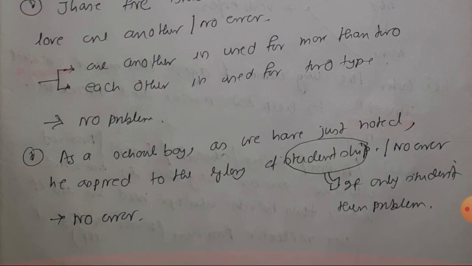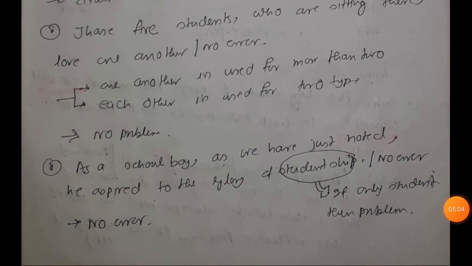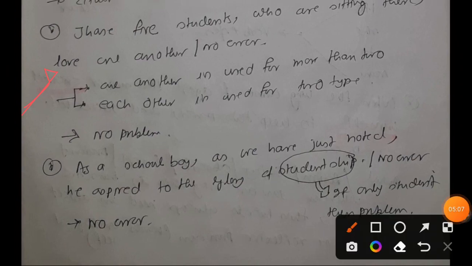That is our second concept for today. Whenever we use one another, we are talking about more than 2, and whenever we use each other, we are talking about only 2.